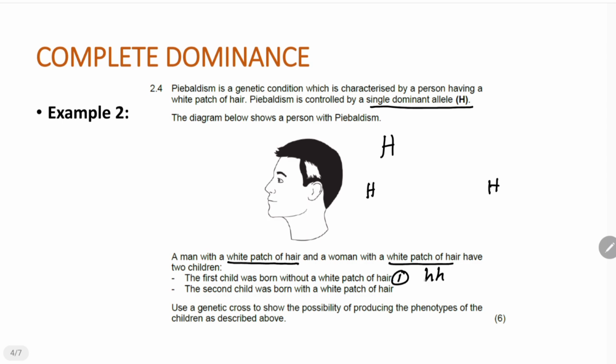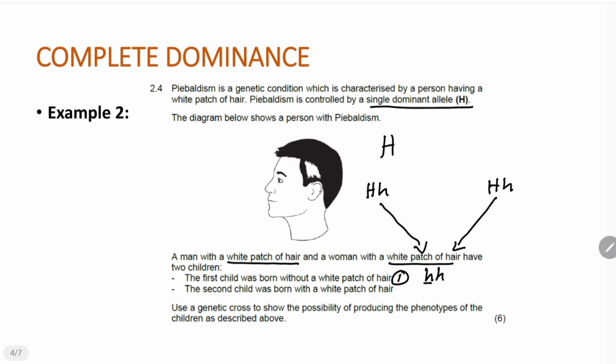But since this child has got a small letter h, it tells me that this child received a small letter h from the father. Therefore, the genotype of the father has to be capital letter H, small letter h. But the same will also apply for the mother, which tells me that the mother also had to have capital letter H, small letter h. These therefore result in the production of this child who has small letter h.